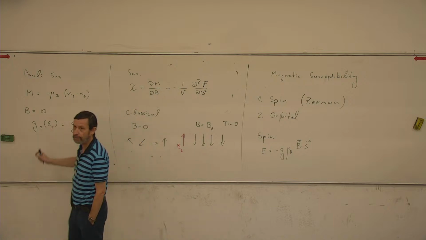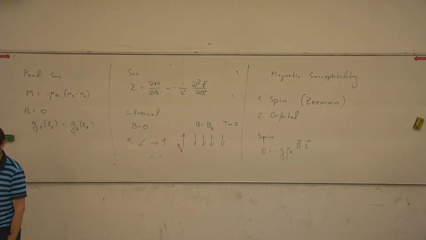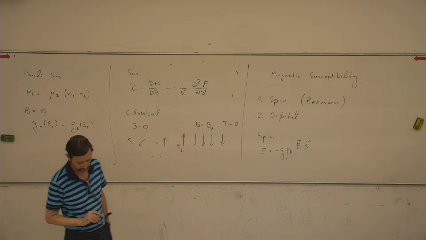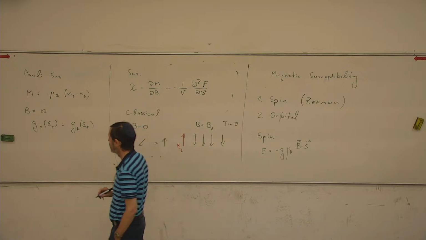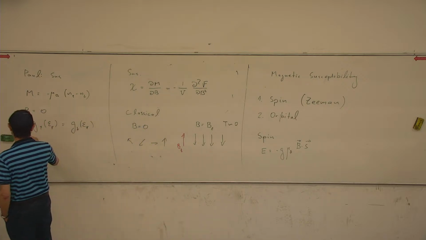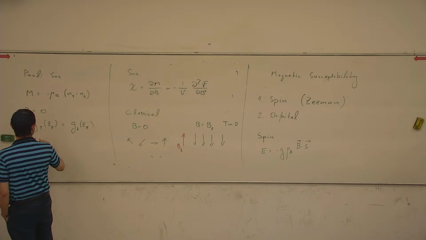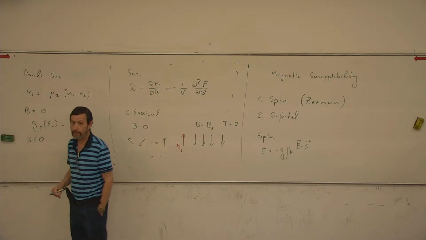The density of states with up at the Fermi energy is the same as the density of states with down. B different than 0.